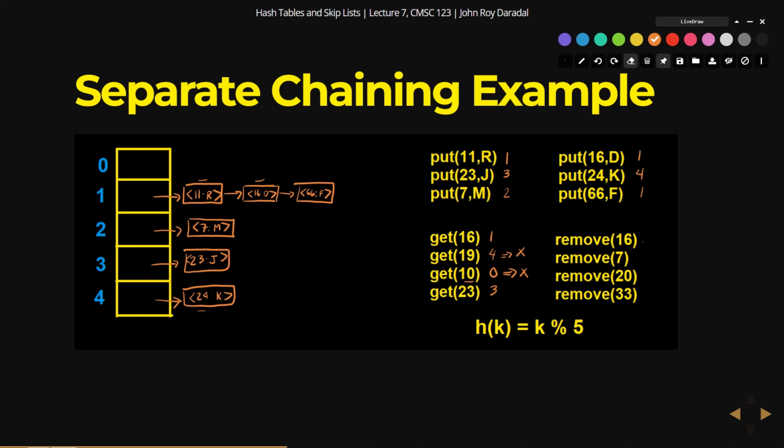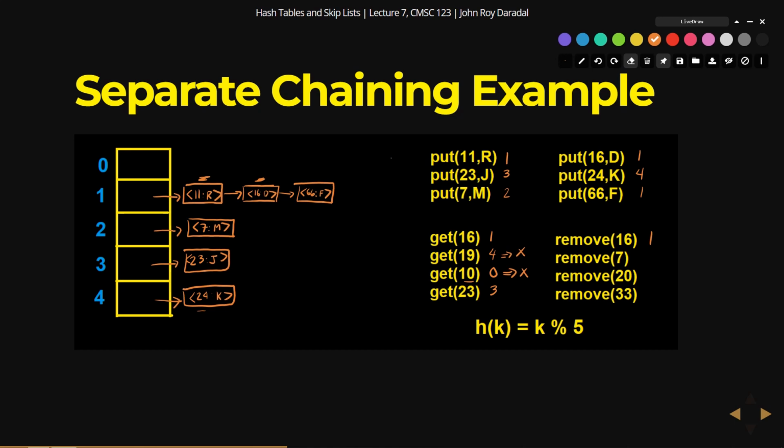Finally, let's take a look at the remove examples. Remove 16. So 16 will start at index 1, right? So we'll start here. Is this 16? No. Is this 16? Yes.